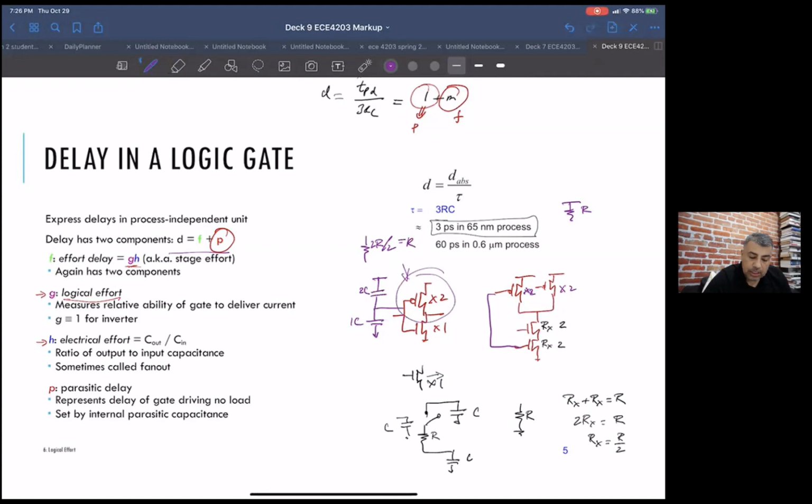If we just look at the capacitance coming from this PMOS, what would it be? So we got 2C for this guy. For this guy, it's the same size, right? So that'll also be 2C.